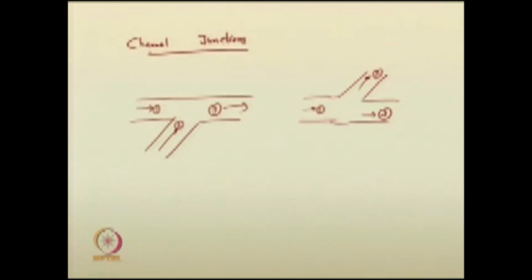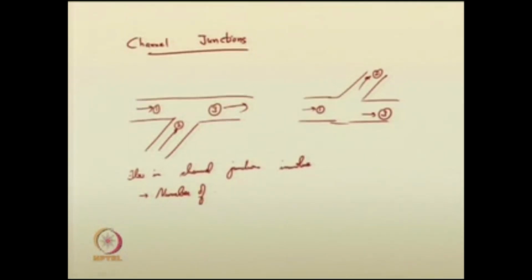So, we can suggest now that flow in channel junctions involve the number of joining channels, how many channels are forming that junction. The angles of interaction between channels are also quite significant.